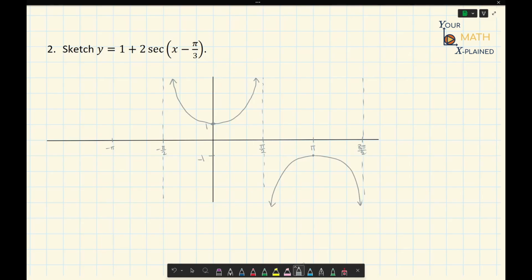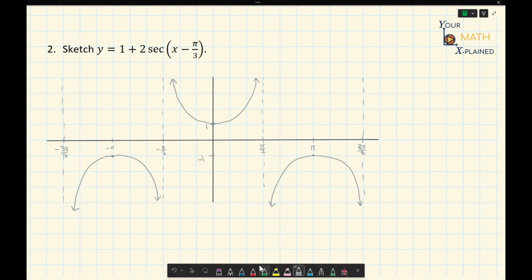And then same thing on the left-hand side. So this would be negative 3 pi over 2. We're going to have a vertical asymptote here. And then we have our downward facing bowl right over here. So this would be the graph of the original secant function.